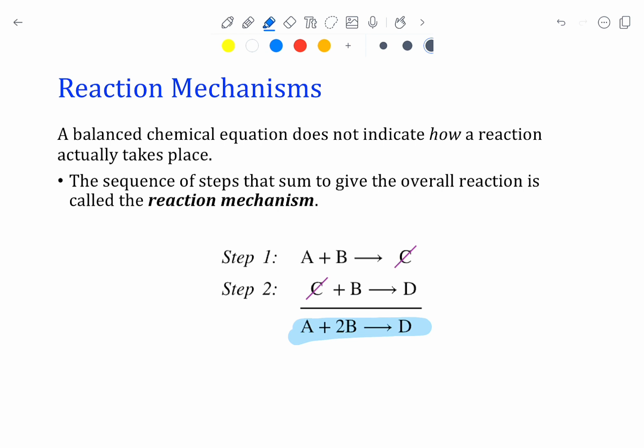We have some sort of intermediate step. In this reaction, C is our intermediate. We combined A and B and it created C, but then C combined with B and created D. So we get a total reaction of A and 2B because we used B twice, and we created product D, which is the intended product of that reaction.